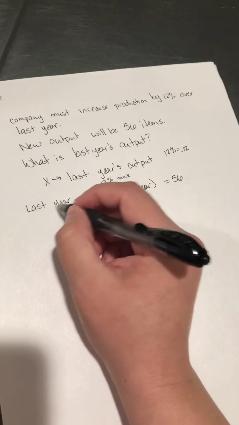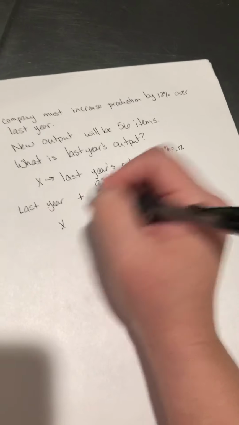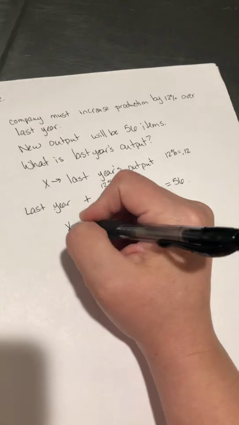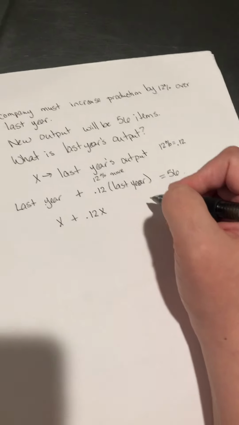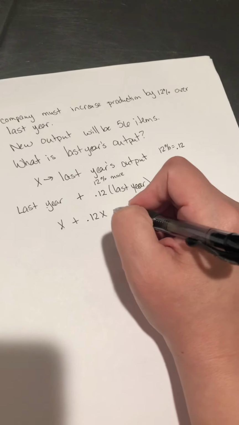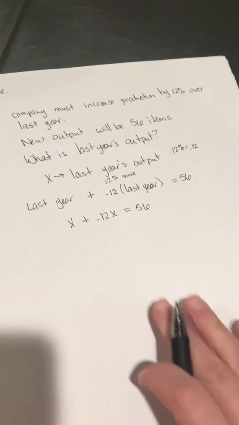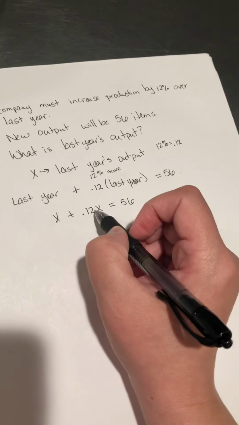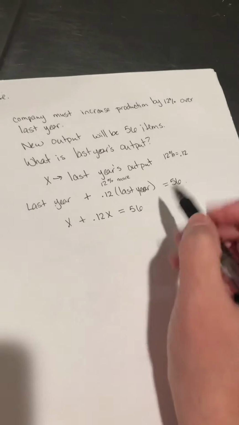So I would have last year, which I already said is X. So my last year, however many I produced, whether it was 40 or 30 or 47 or whatever, plus, if I take 12% of last year, then I have to get my new output of 56 items, because I'm going to do 12% more this year. So last year plus 12% of last year gives me my new number.